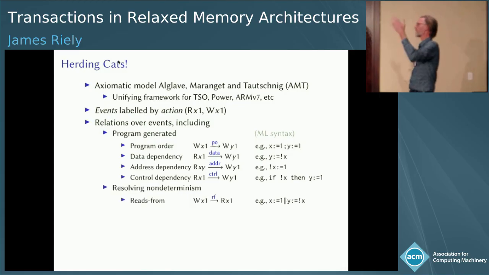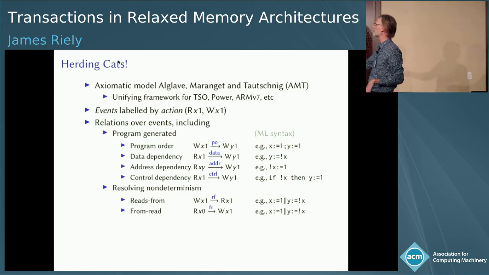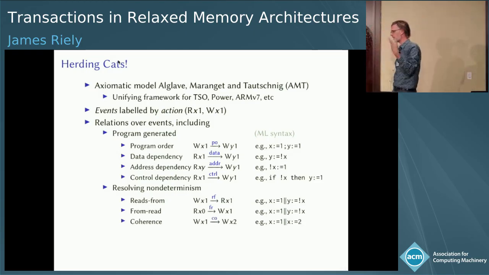Others of these arise by resolving non-determinism. So for example, if I have a read racing with a write, one thing that could happen is that the read could see the write. The other thing is that it might not. And so we get either a dependency or an anti-dependency in one case or the other. When we resolve two racing writes, we get something called coherence.